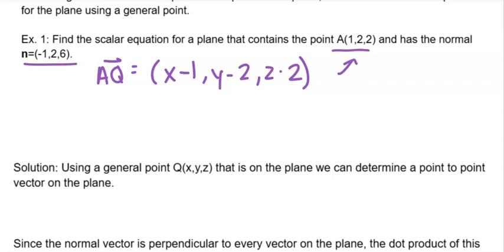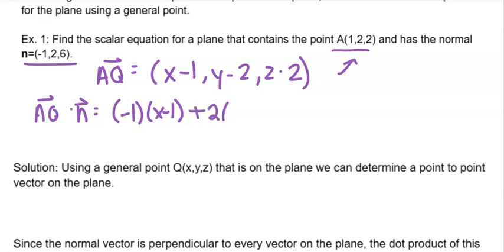So we're going to take AQ and dot it with vector n. Okay, so we're going to have vector n is negative 1 times x minus 1 plus 2 times y minus 2 plus 6 times z minus 2, set equal to 0.